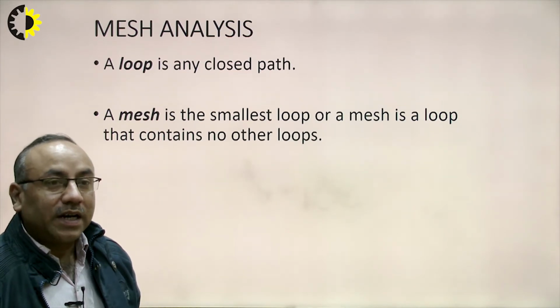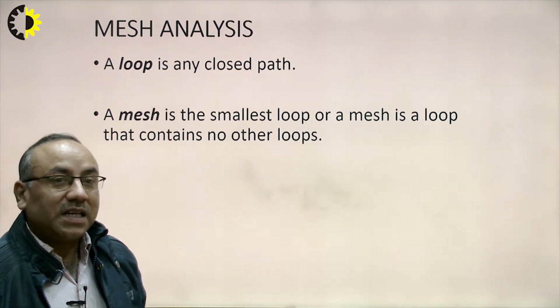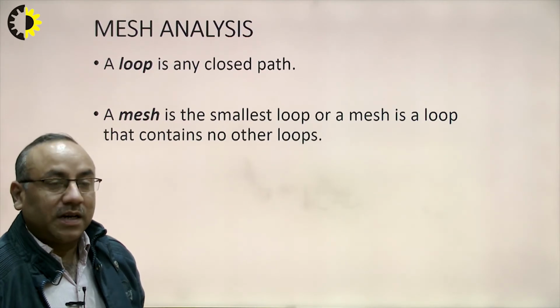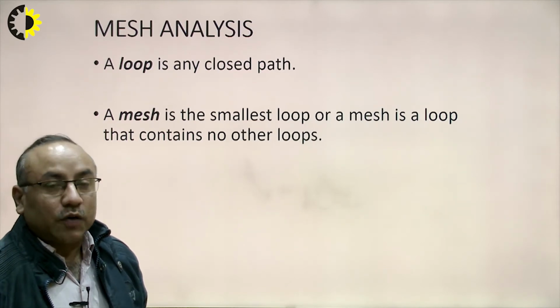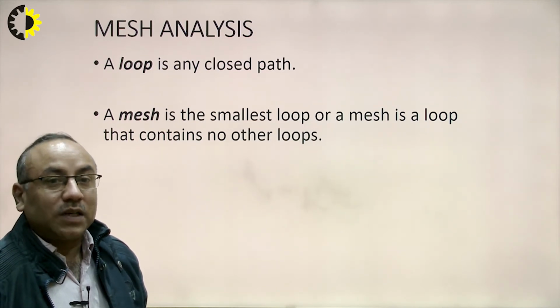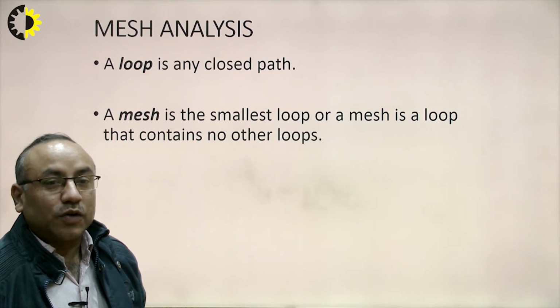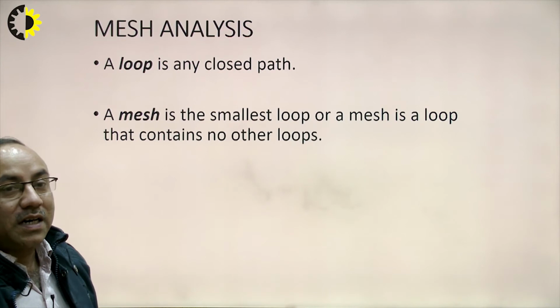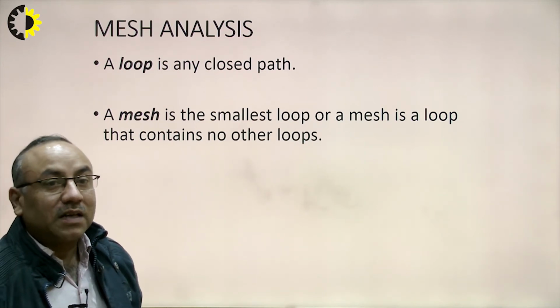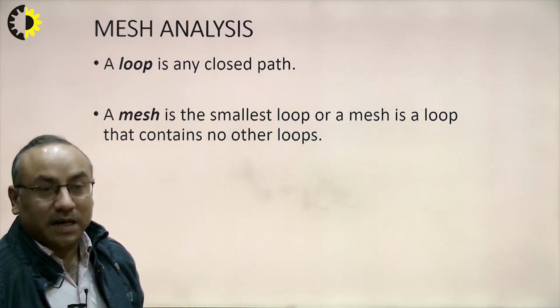On the other hand, a mesh is also a closed path, but the minor difference is that a mesh is the smallest loop, or a loop that contains no other loops. In other words, a mesh is the smallest closed path possible in a circuit.